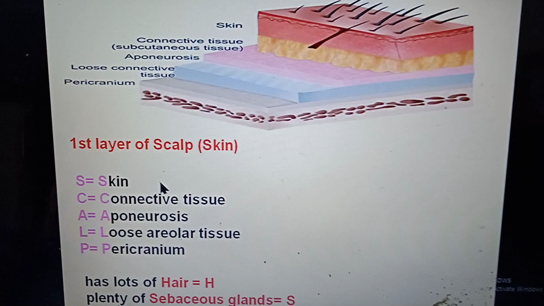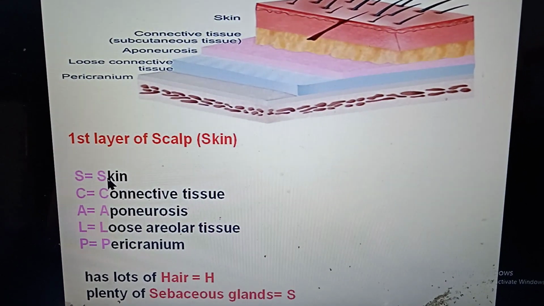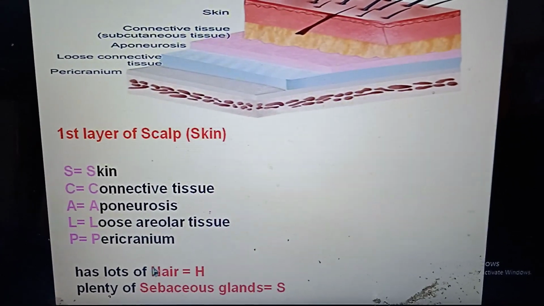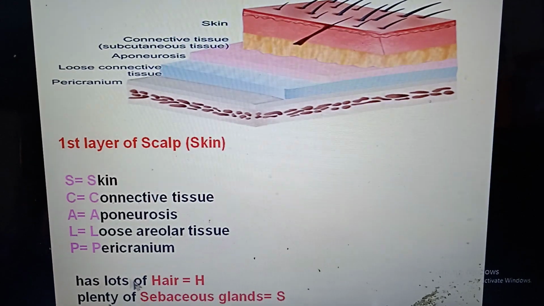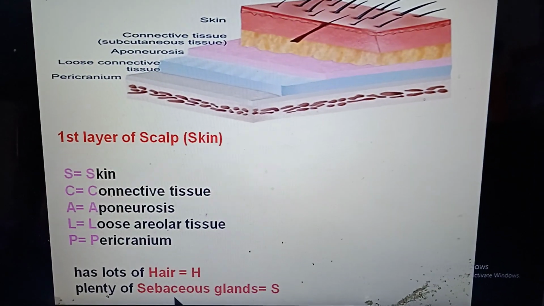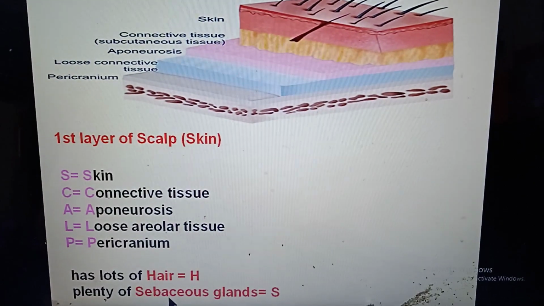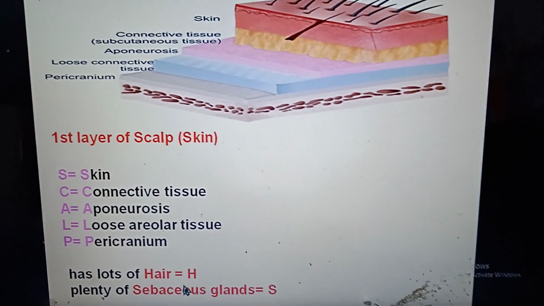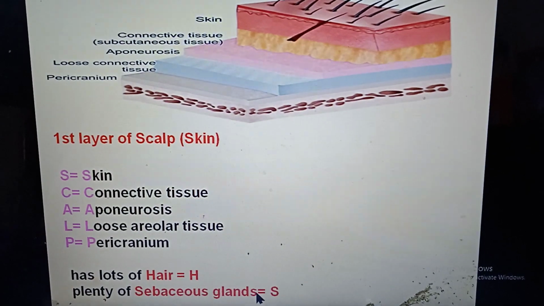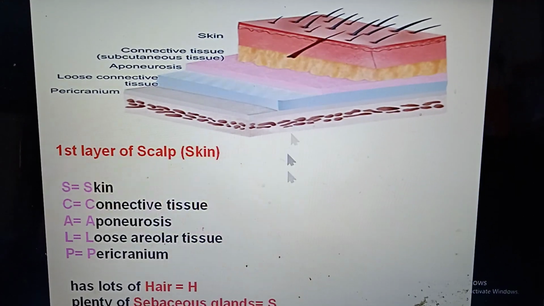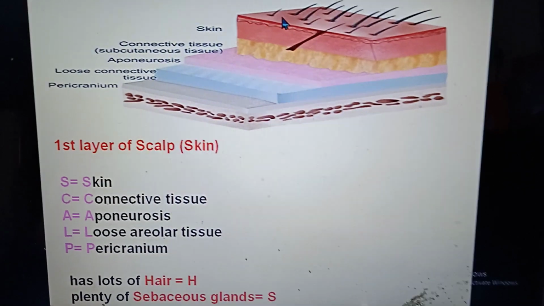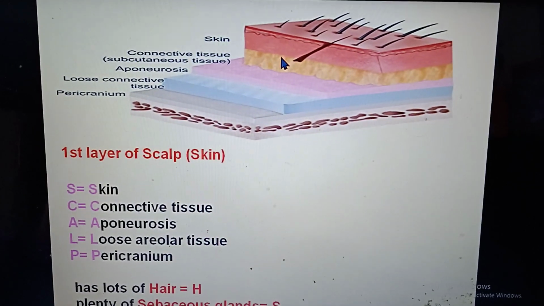So first layer of scalp, that is skin, it contains lots of hair, and plenty of sebaceous gland. This is the anatomical basis why sebaceous cyst is more common in a scalp. Just look at here, so many hairs as well as the sebaceous gland.